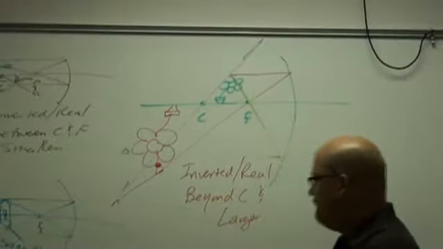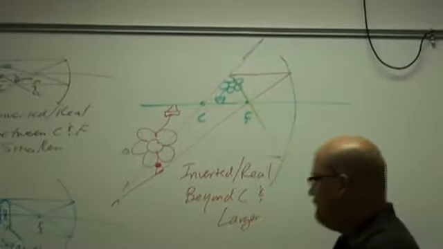There you go. And how do we know it's a real image again? Because it's on the real side. Plus, does the light actually converge to this spot? Yes. Now you're going to see in just a minute what a virtual image looks like, and there's a trademark difference between the two. Okay?